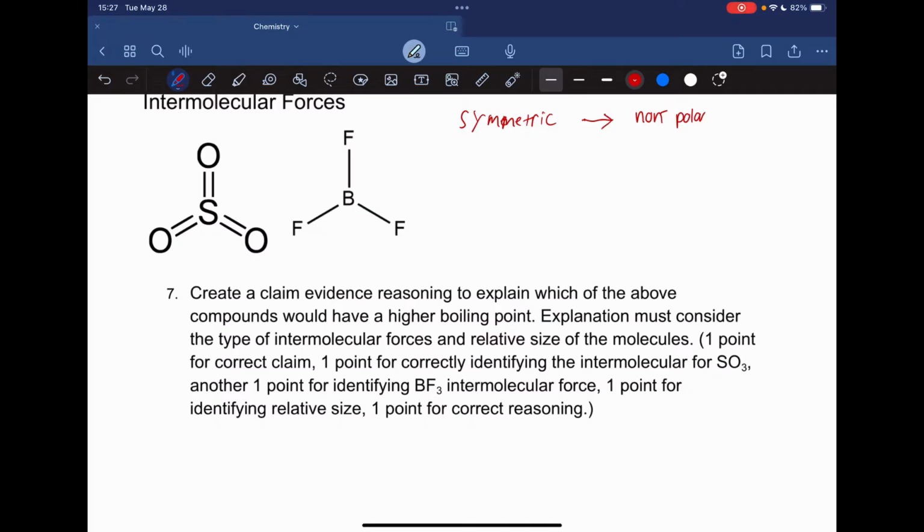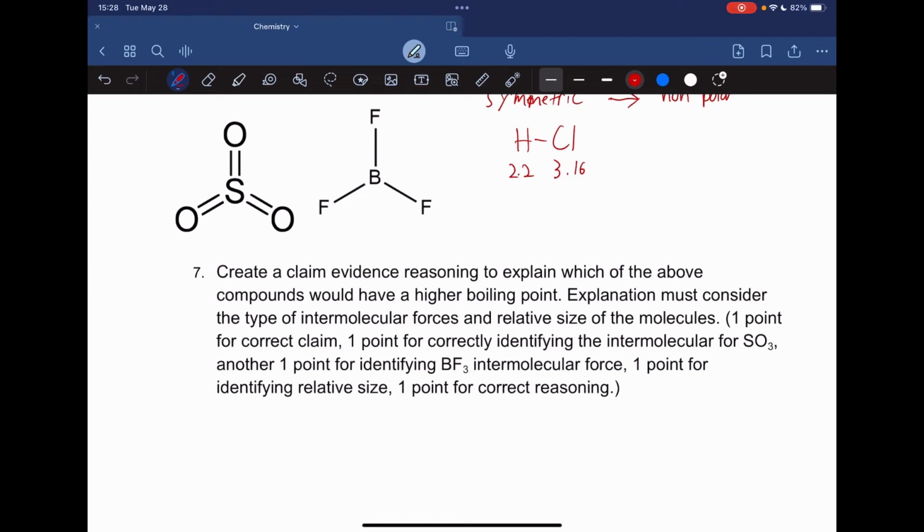In a case where you don't have symmetry, so for example, we could take a look at this case, the hydrogen and chlorine bond. This is a polar bond, and how we know that is because chlorine has a higher electronegativity than hydrogen. Chlorine has an electronegativity of 3.16 and hydrogen 2.2.